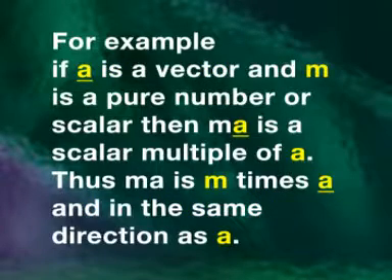For example, if a small a with a short line under it is a vector and a small m is a pure number or scalar, then ma is a scalar multiple of a.